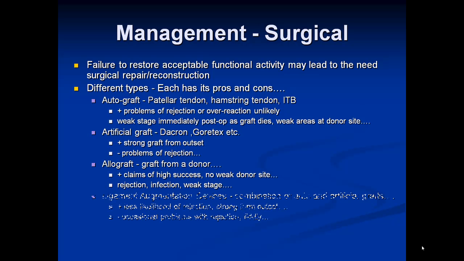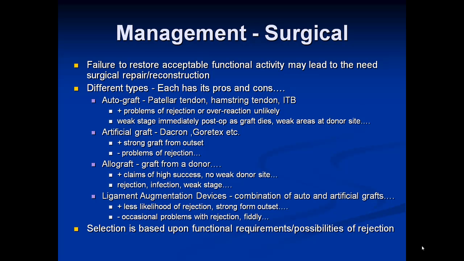Surgical management of instability around the knee is useful in allowing patients to return to functional activity. There are various different types of surgical intervention which may be appropriate, and these are listed below. Grafting using the patellar tendon, grafting using an artificial graft, an allograft from a donor, or ligament augmentation devices.